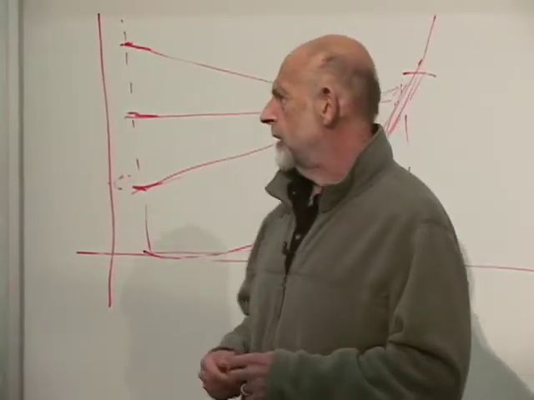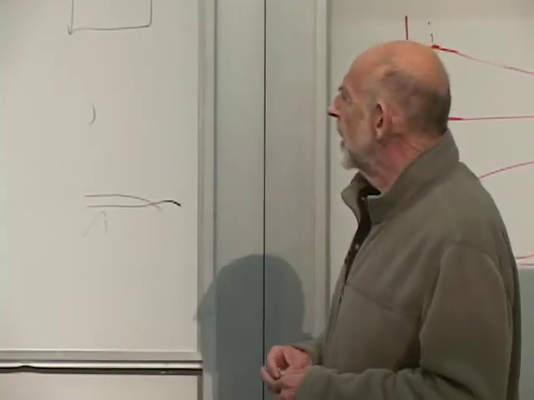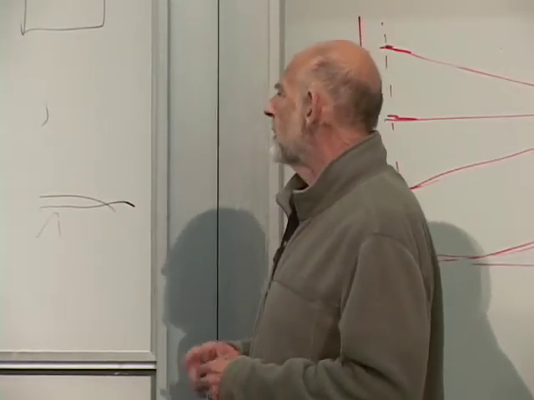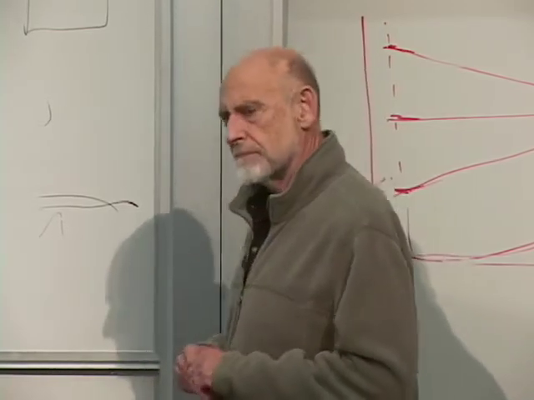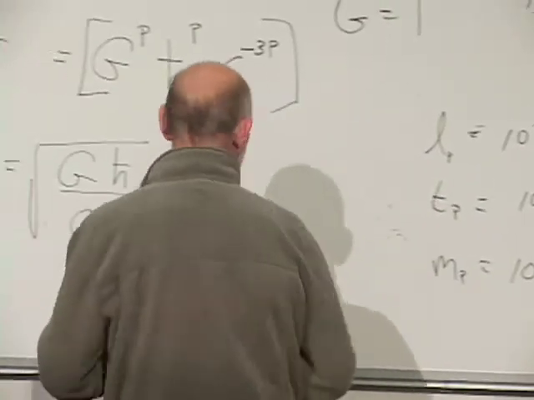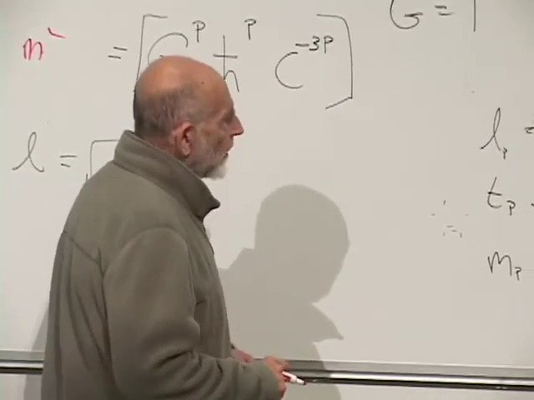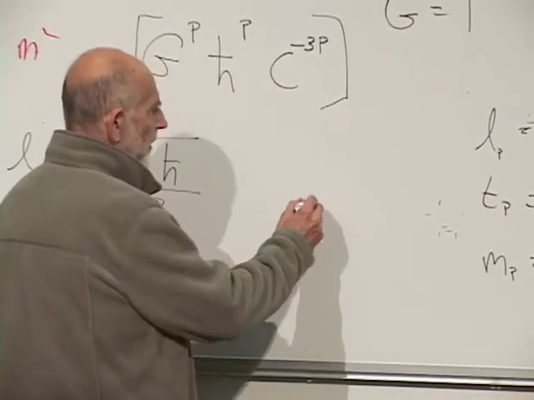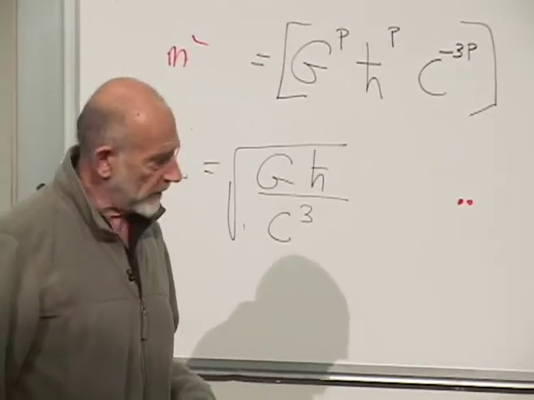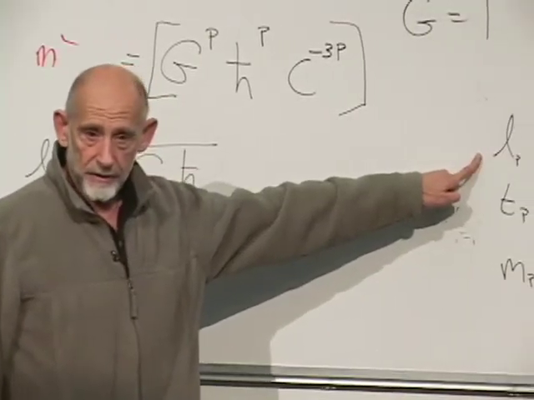But once you have L and T, you can get mass from either H bar or G. Here's the way to think about it. Take two particles whose distance apart is the Planck length.